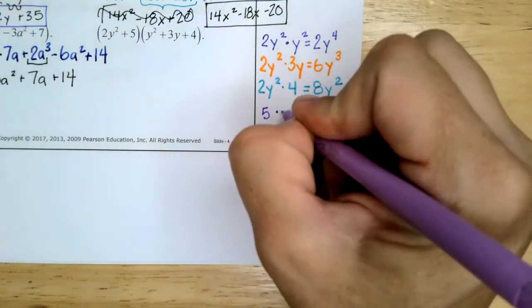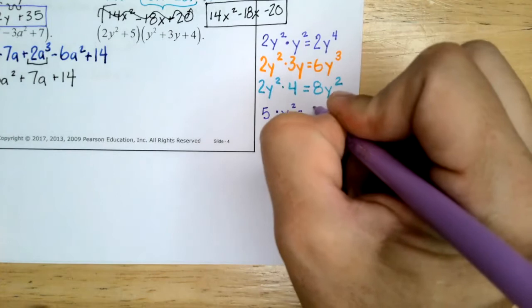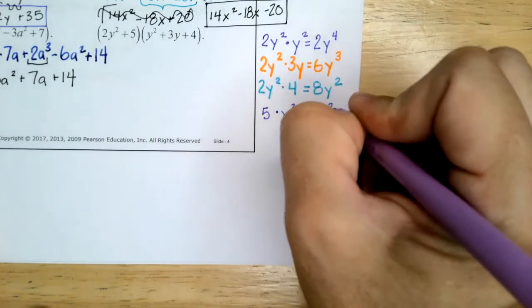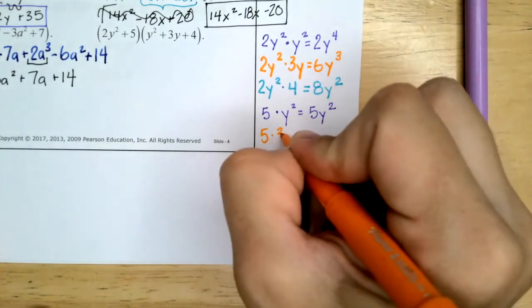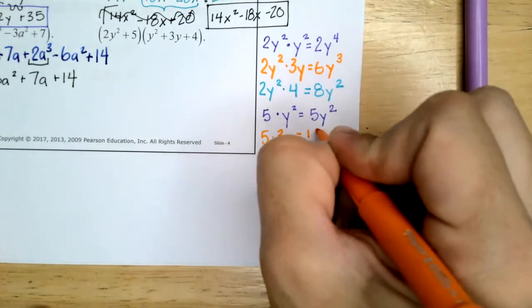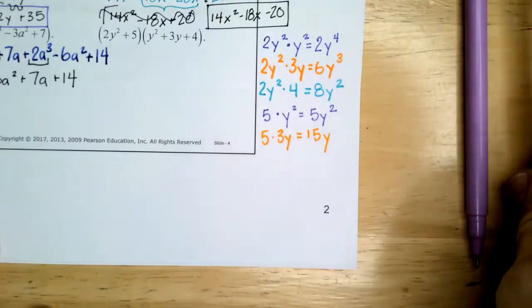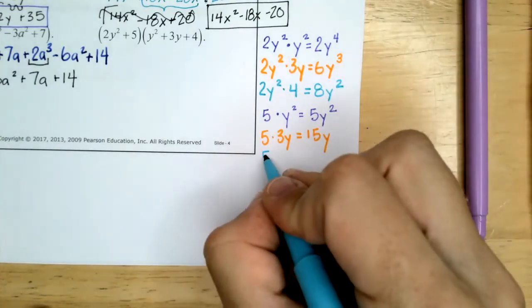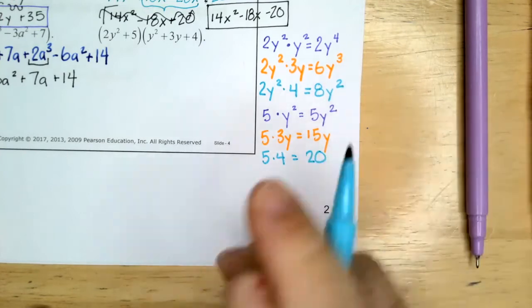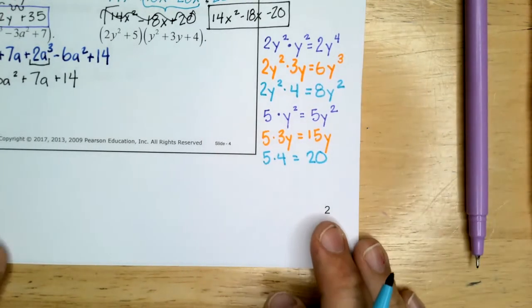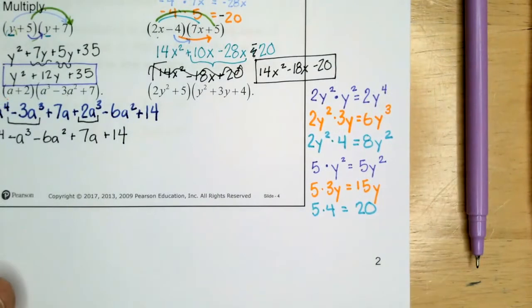So 5 times y squared is 5y squared. 5 times 3y is 15y. And 5 times 4 is 20. These are all positive, so I might have made fewer mistakes.